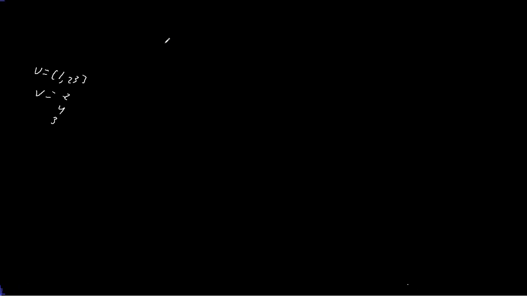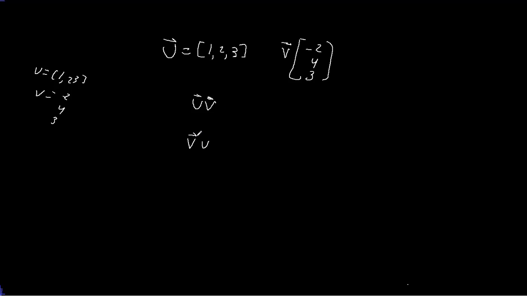We have U, the row vector, equaling 1, 2, 3, and V, the column vector, equaling negative 2, 4, 3. We've already done UV, right? But what about VU?